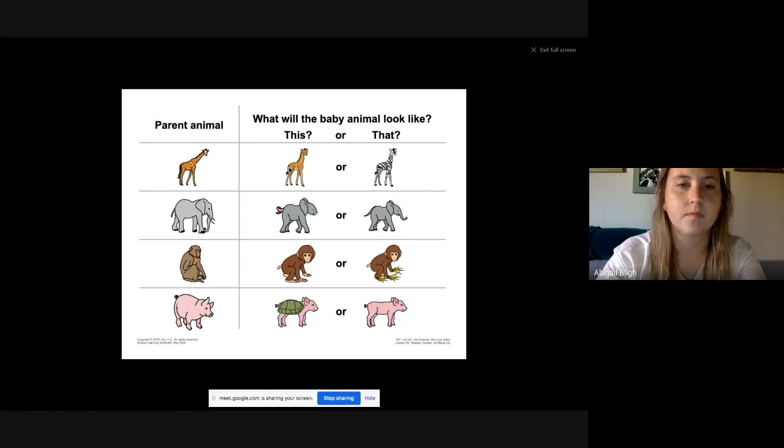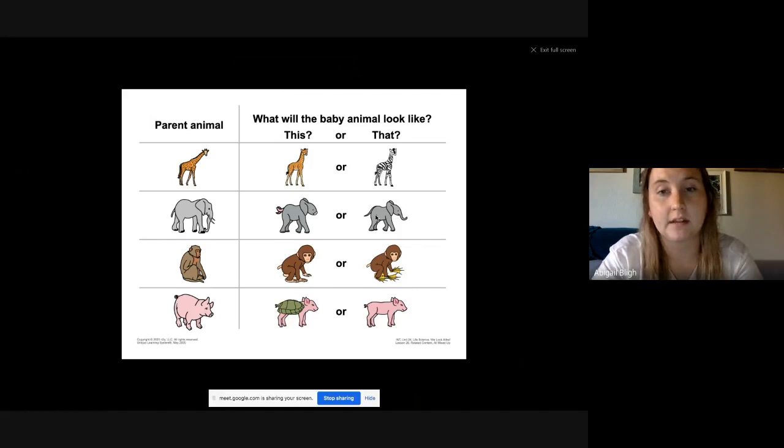Okay. All right, number 2, we have an elephant here. We can see that this elephant is gray and has a long trunk and a gray tail. Okay, so I'm going to look over here. I have what looks like an elephant, and here what looks like an elephant. What do you notice that's different about these two animals?